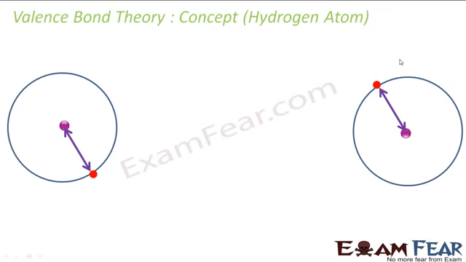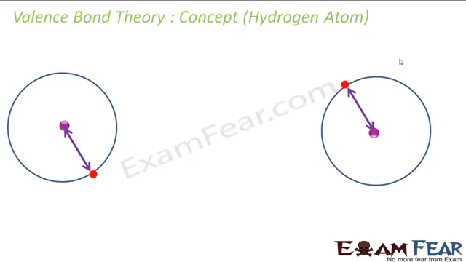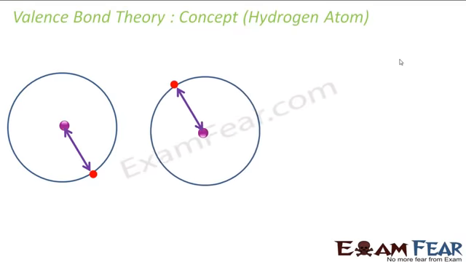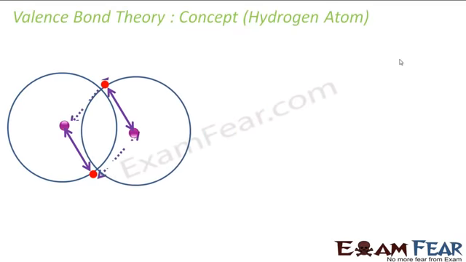For example, I have one s orbital. Let's understand the valence bond concept in the hydrogen atom. We'll take two hydrogen atoms, and if we assume these hydrogen atoms are coming towards each other, then forces appear. This is nucleus 1, this is nucleus 2, this is electron 1, and this is electron 2.